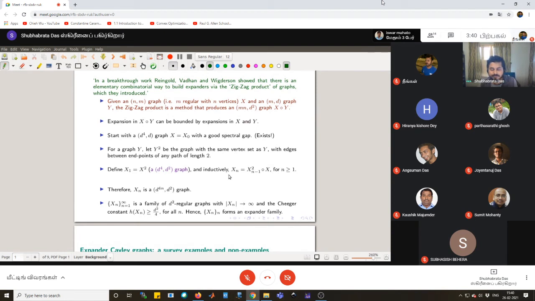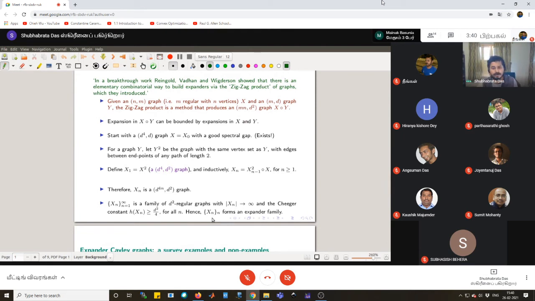So this is the zigzag product. Essentially, first you square and then you take this composition, and you generate a family of d-squared regular graphs whose vertex sets are increasing. It's not too difficult to show, modulo certain things, that the Cheeger constant is bounded below by d squared by 4.